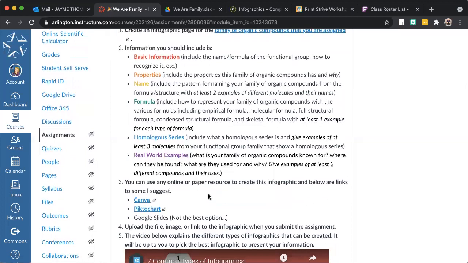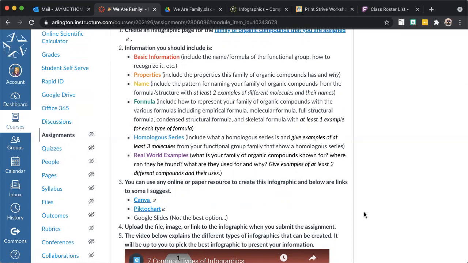I highly suggest you use something digital because that makes it a lot easier. Canva and PictoChart are really good sites that I've had people use for other projects earlier this year with really good results. You can use Google Slides. However, I will caution you that is not the best option because Google Slides is very limited in the backgrounds and the images and things you can do.